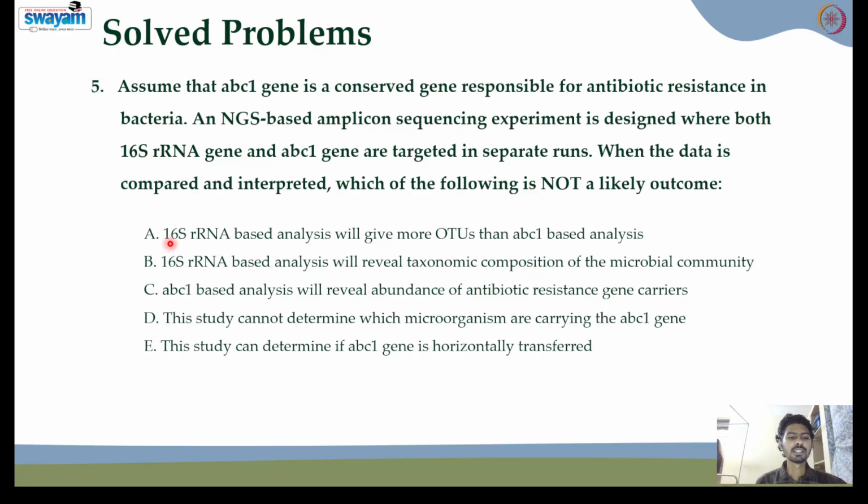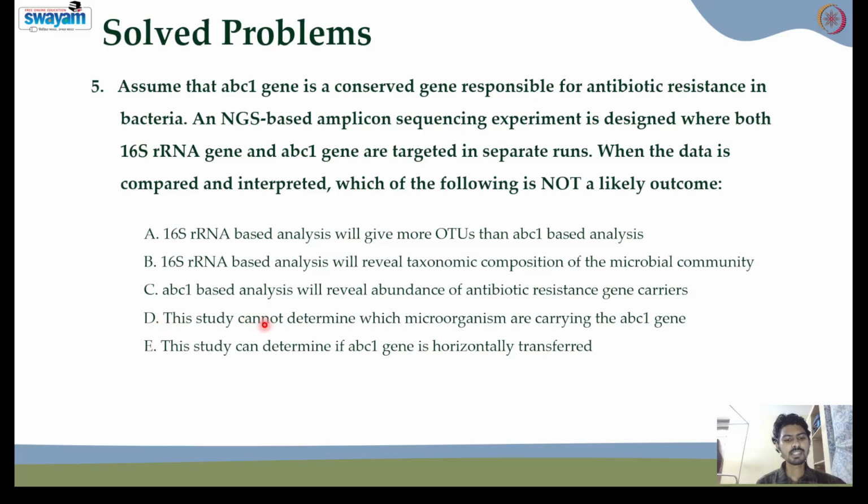Option A, 16S rRNA based analysis will give more OTUs than ABC1 based analysis. Option B, 16S rRNA based analysis will reveal the taxonomic composition of the microbial community. Option C, ABC1 based analysis will reveal the abundance of antibiotic resistant gene carriers.